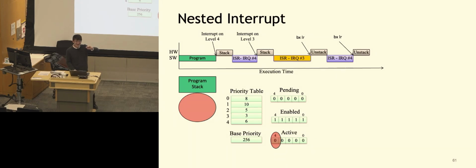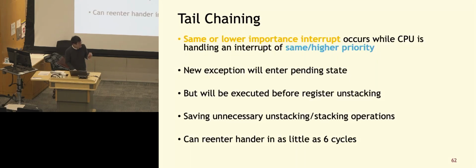Okay, all right, perfect. Now something we call tail chaining. It's basically when an interrupt of the same or a lower priority level occurs while the CPU is handling an interrupt. What's going to happen in this case?